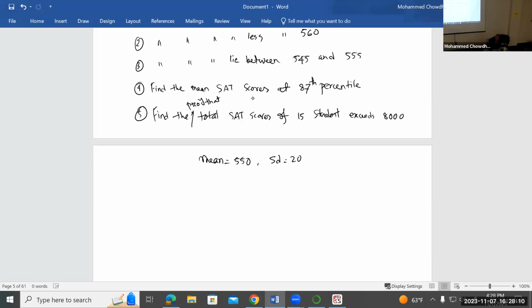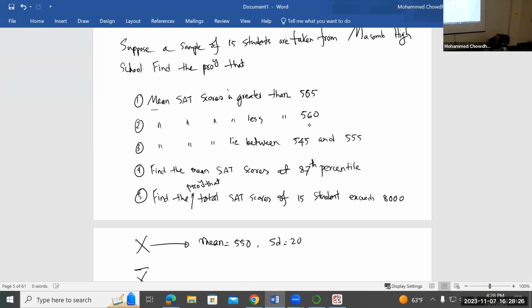This is for the X variable, which is the SAT score. X bar is the mean. Mean SAT score. Find the mean, find the total.